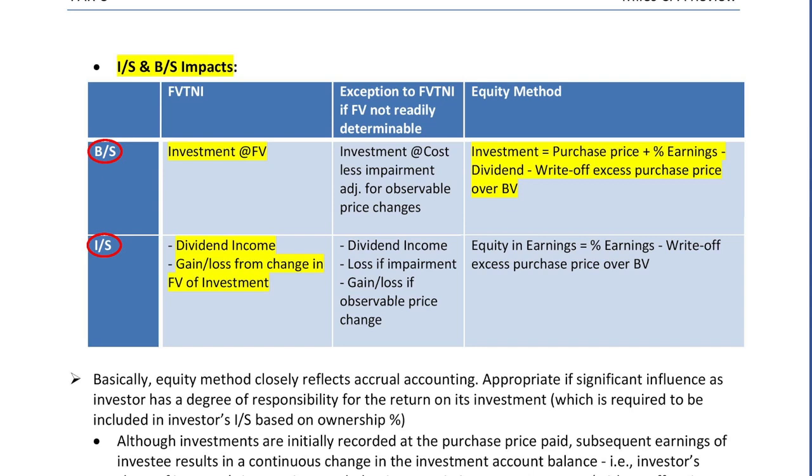Whereas under the equity method, we have highlight equity in earnings on the income statement, which includes percentage earnings of the investee minus any write-off from the excess purchase price paid by the investor over the book value of the investee.